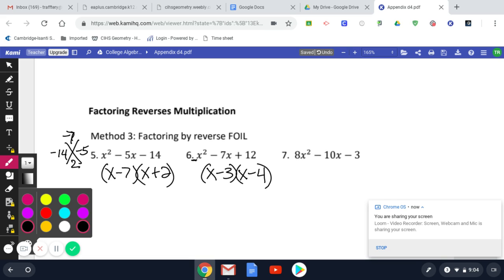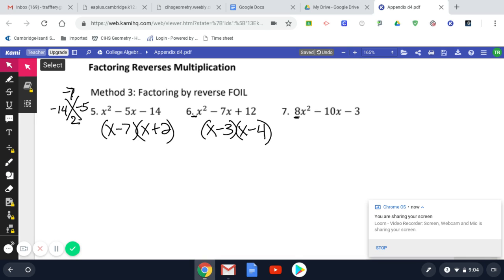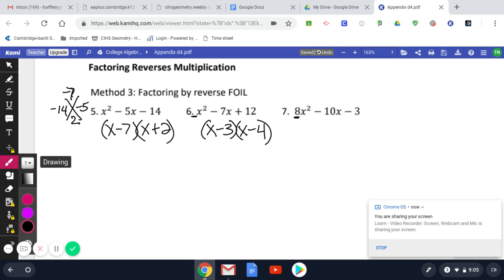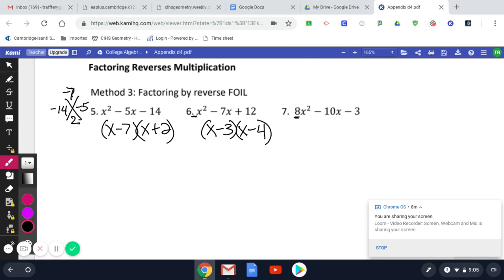On number 7, because this leading coefficient is an 8 and not a 1, it leaves a lot of choices. And so we want to know what multiplied together. We have to figure out how we can break it apart so we can get negative 10 and a negative 3. As I think about it, I'll show you two different methods.